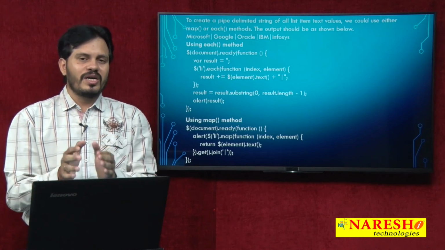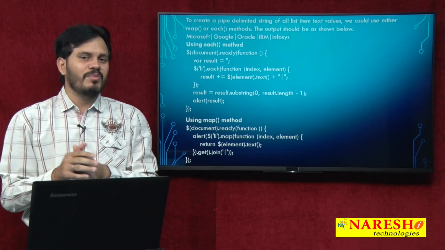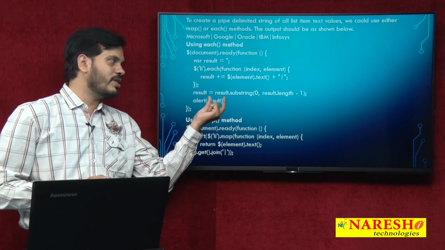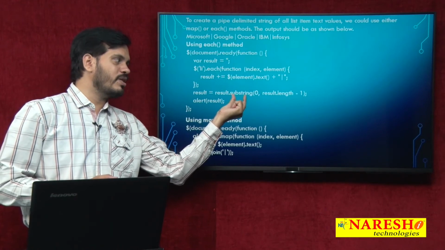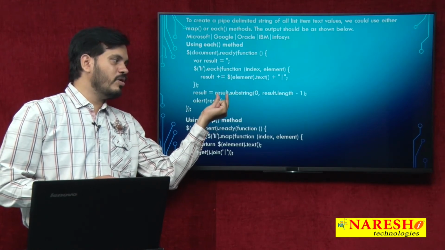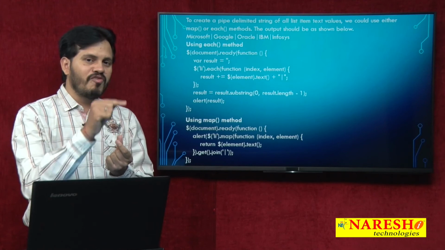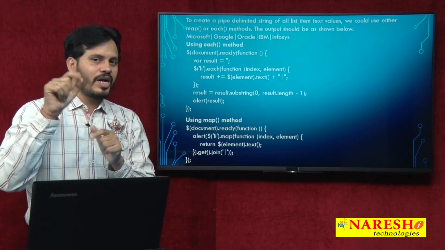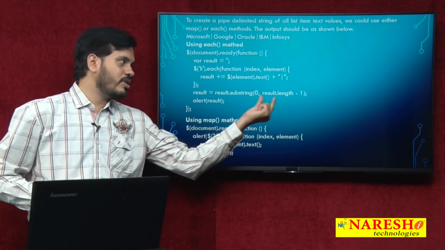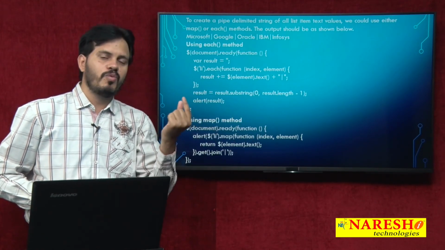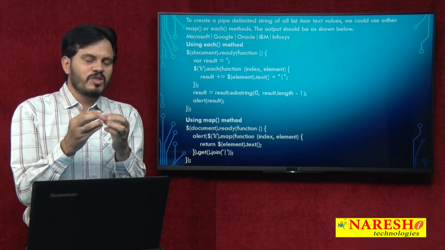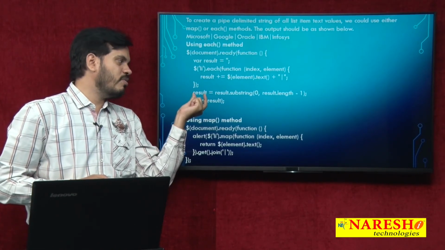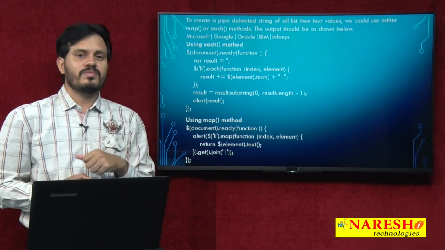I want the extra delimiter after the last element text value not to be displayed, so I use another logic: the substring method on the result variable, to extract from the first position, the 0 index, till the last character minus 1. The last character is reached with length minus 1, and the remaining part is extracted and stored again into the same variable. This variable's data is displayed in an alert.